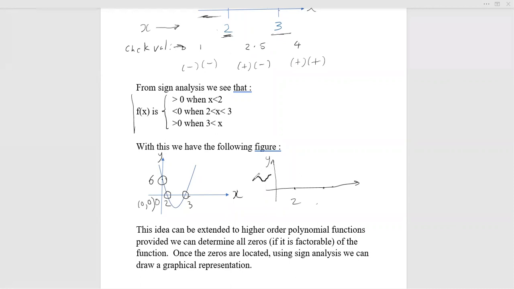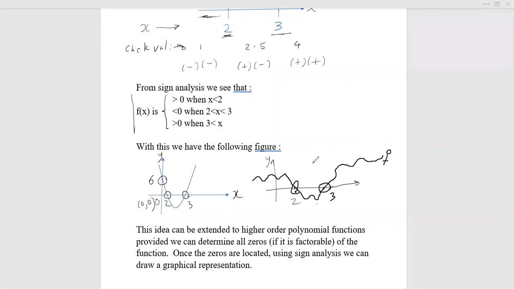It can go up and down, from here go like this, like this, right? There are many ways, thousands of ways. The only thing is, before x equal to 2, f should be above the x-axis. Between 2 and 3, it is below the x-axis. After 3, it is again above the x-axis. Right.